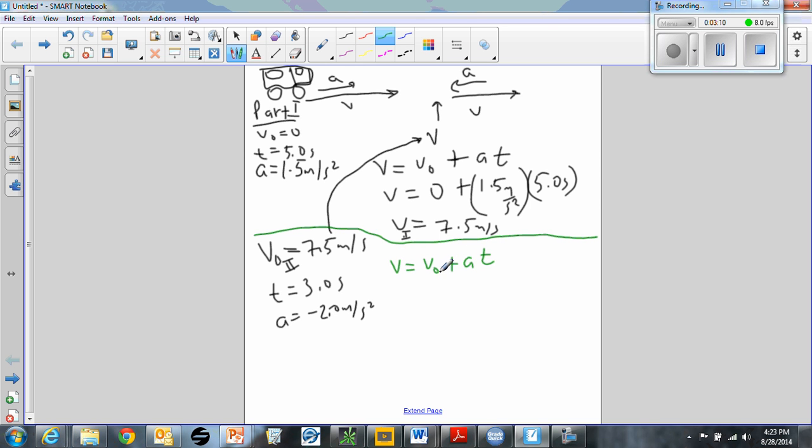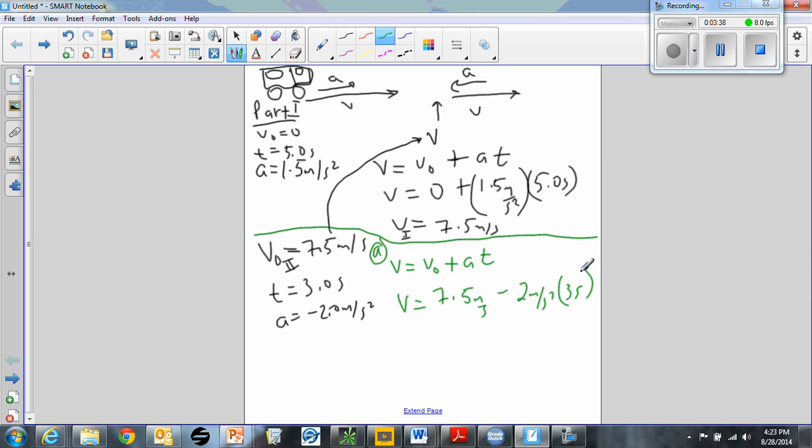So this is the answer to A. Notice we had to do a part up here for part 1 before we could get to the answer in part 2, where he started braking. Speeding up part 1, braking part 2. So the final velocity after braking is going to be: it started out at 7.5 meters per second minus 2 meters per second squared times 3 seconds.